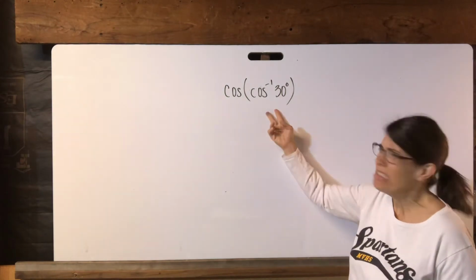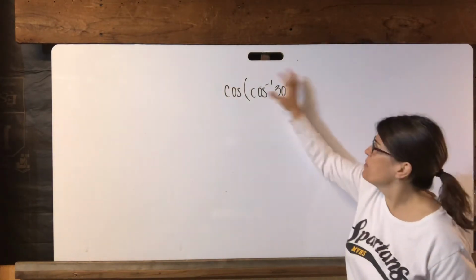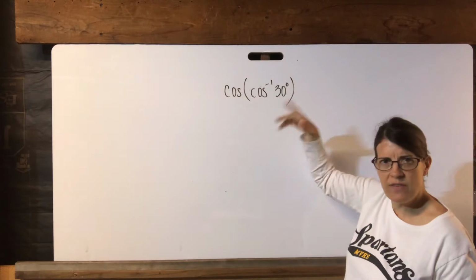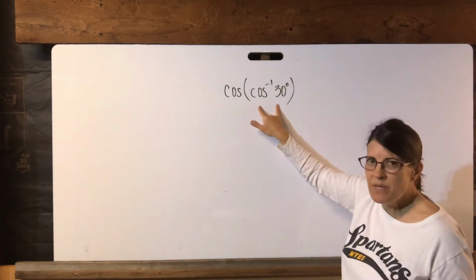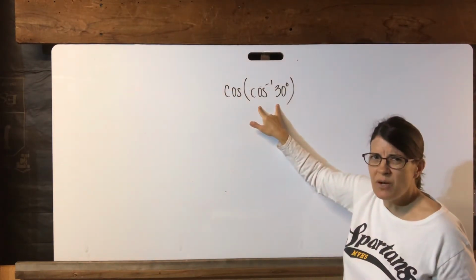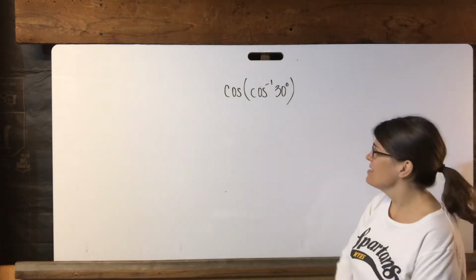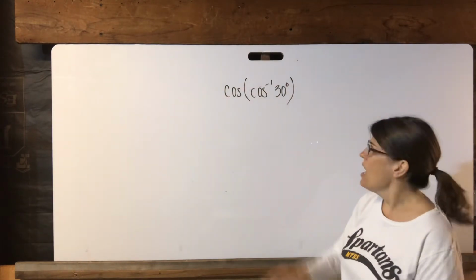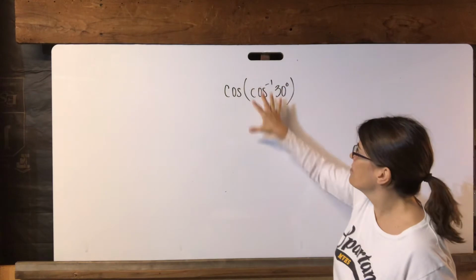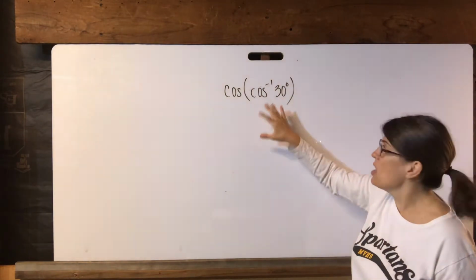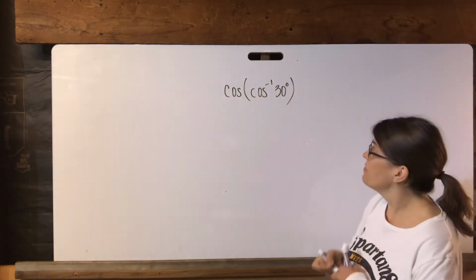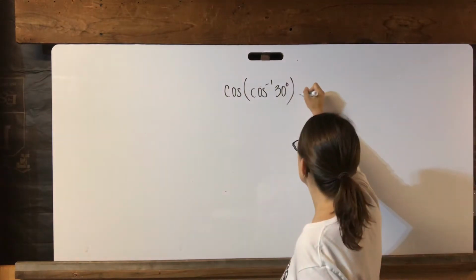Huh. This is weird. When I was doing the previous two examples, this is supposed to be some angle whose cosine is 30 degrees. How does that match up? I want to know the cosine of whatever this value is.